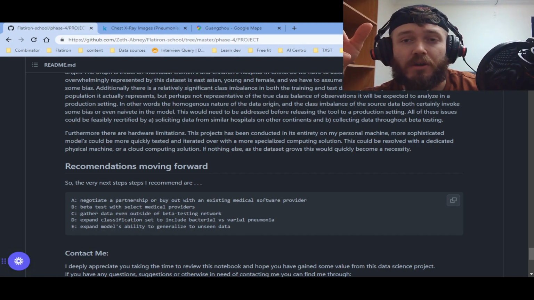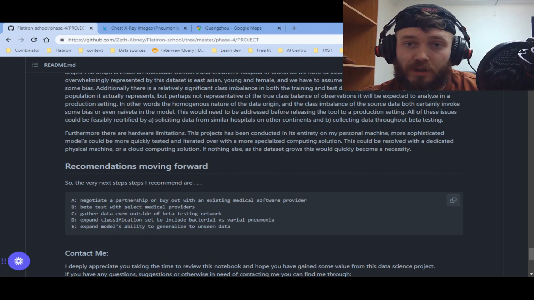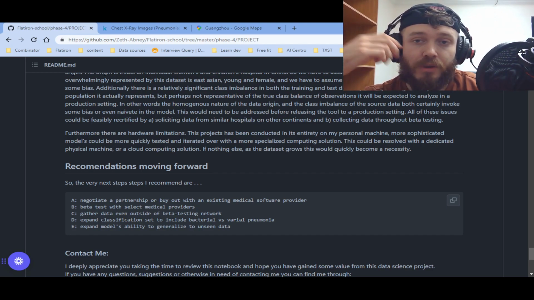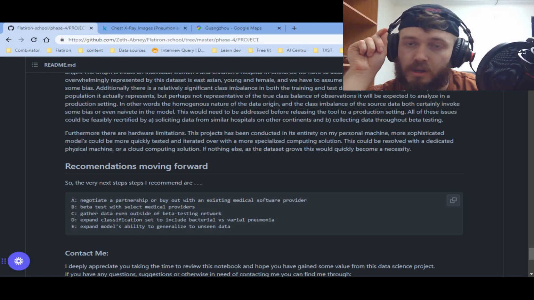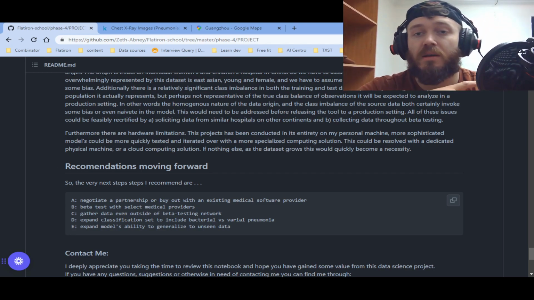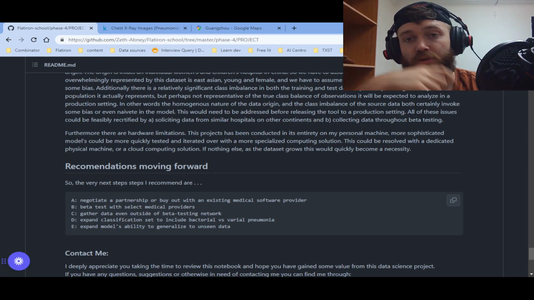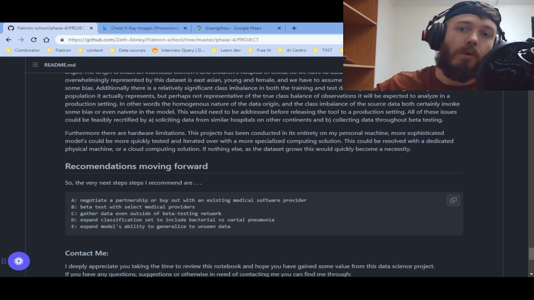Beta test with select medical providers. So, data set aside, it'd be interesting to see how this tool actually works in production. Like, you're an x-ray technician, now you have a new feature, a little extra button you can click to use that tool. How does that actually impact timeliness and precision of diagnostics? How does it affect the workflow, right?